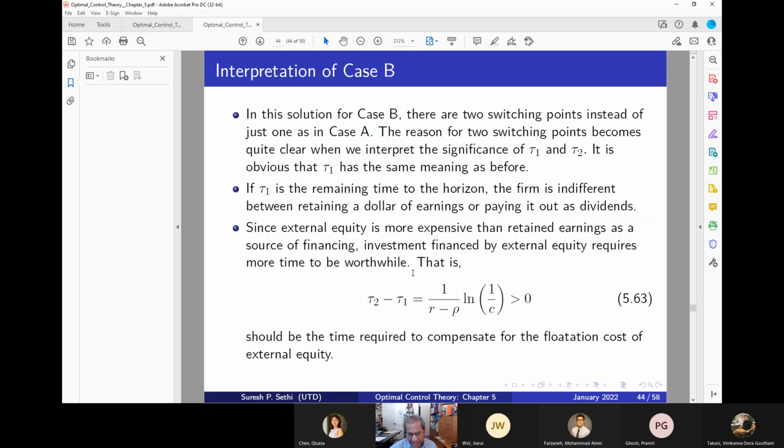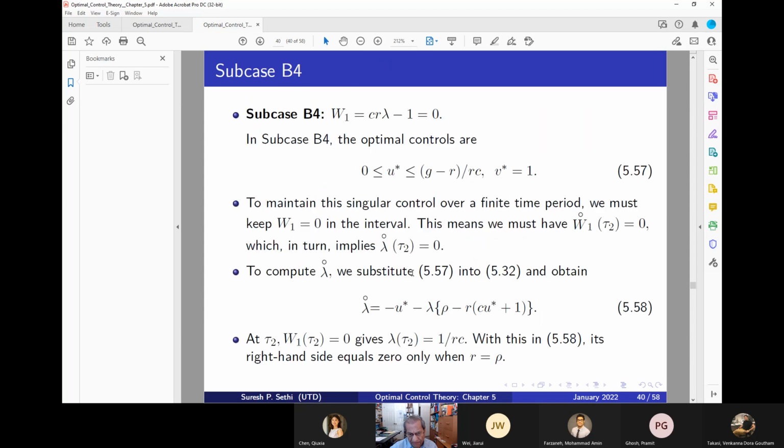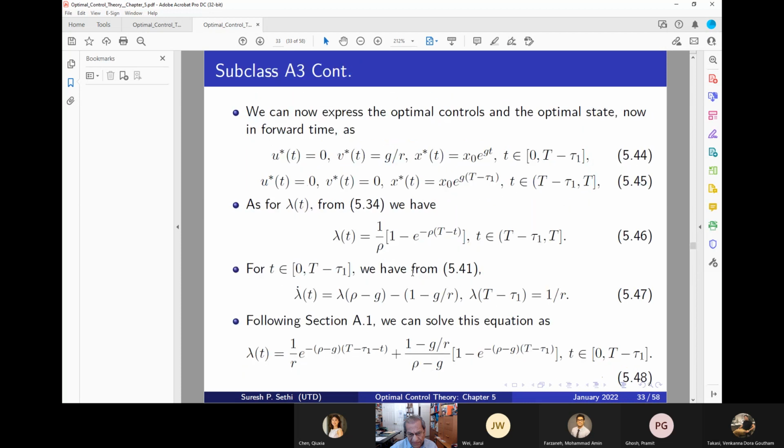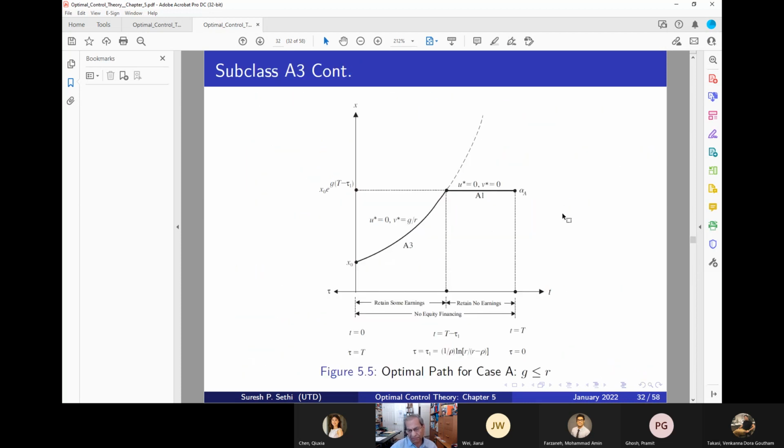Here's my picture. If you take this solution, and if I let t go to infinity, this is my finite horizon solution. If I take t to infinity, the limiting solution is basically this. That one never happens because there is no such thing as infinity minus tau 1. Infinity minus tau 1 is infinity, so this portion never happens.